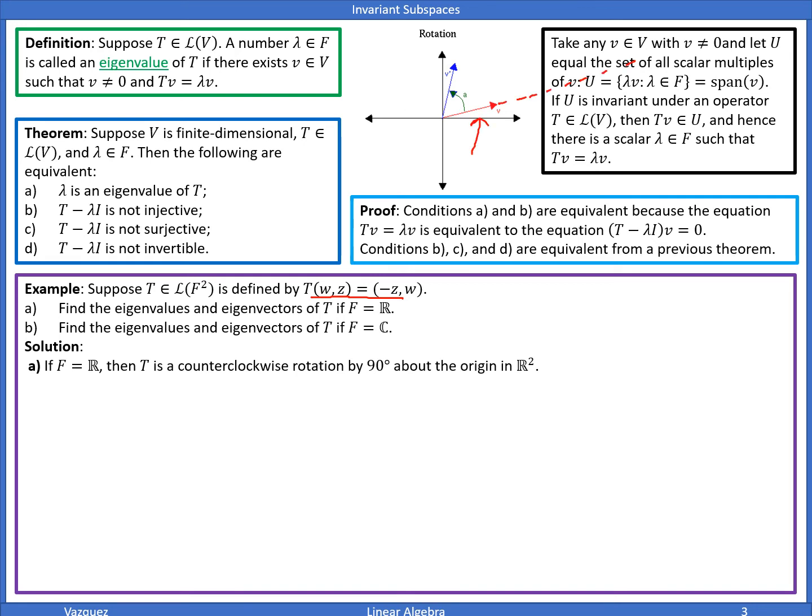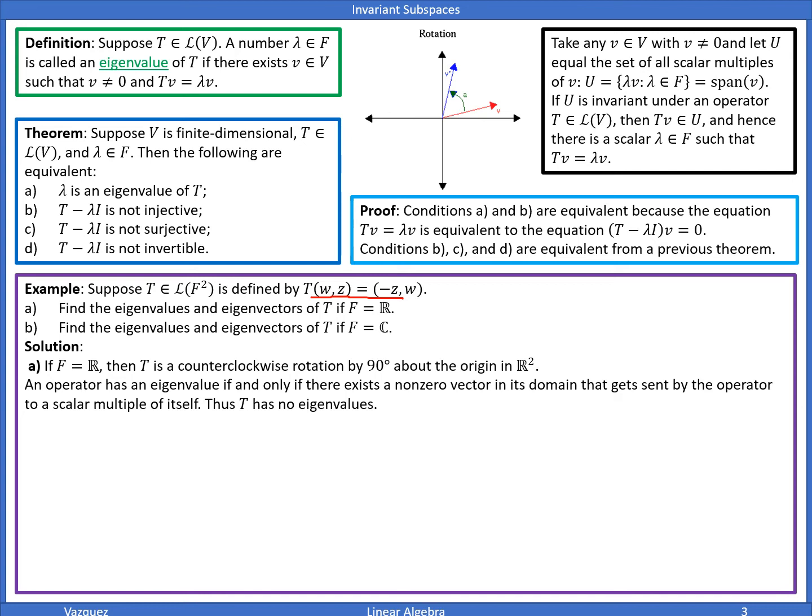It's either going to go this way or this way. So if we're rotating it, we can already tell that this blue line, that's going to end up somewhere here, is that going to be a scalar multiple of our vector v? No, right? So let's go over how we can go about doing this.